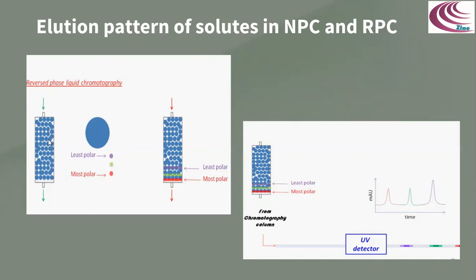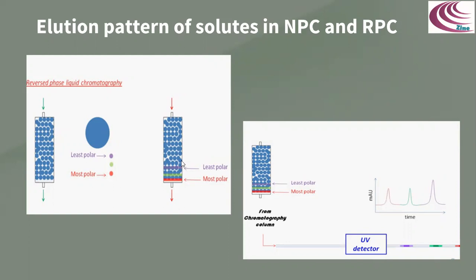When separation happens, the first portion of elution of solute will be the red band, the most polar. Why is that? You should know that in reverse phase chromatography, the stationary phase is non-polar, whereas the mobile phase is polar. So the more polar solutes will travel very fast on the column.